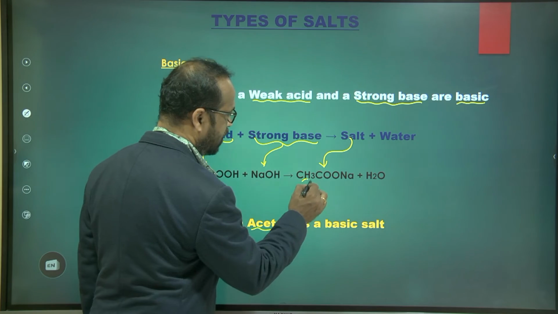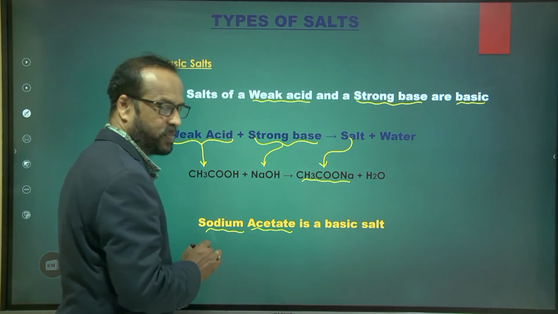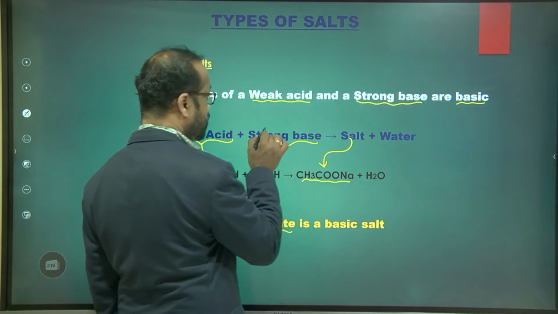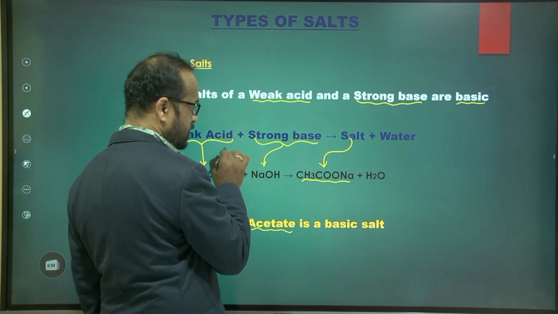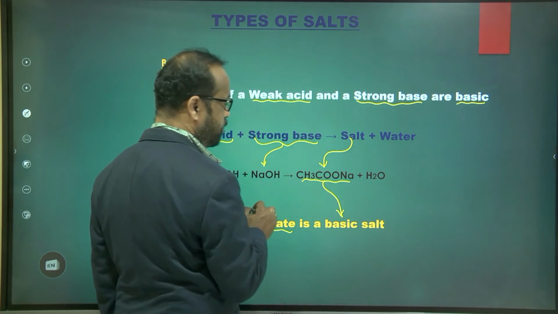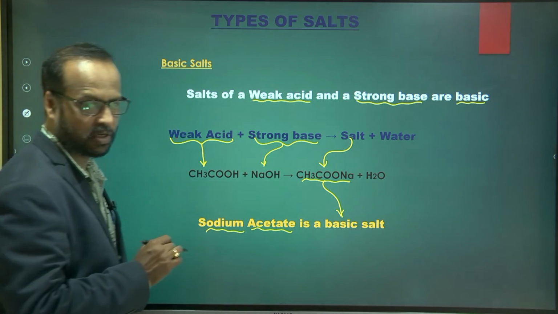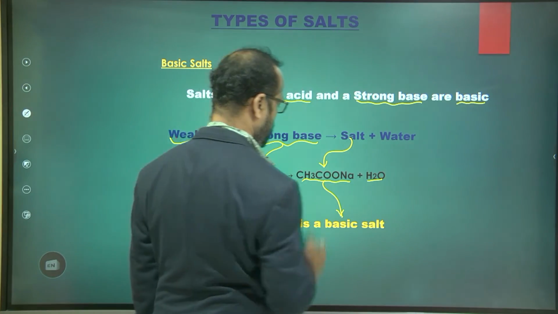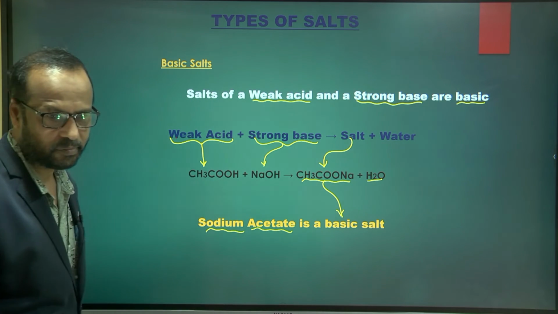What is the name of this salt? Sodium acetate. But this salt is formed from a strong base and a weak acid. So what is the nature of this salt? Basic. The nature of the salt is basic. And of course water is forming here. Is this clear to you?